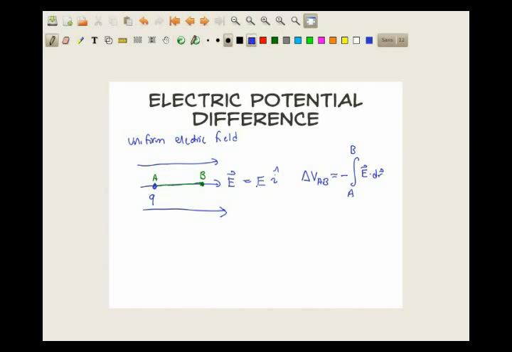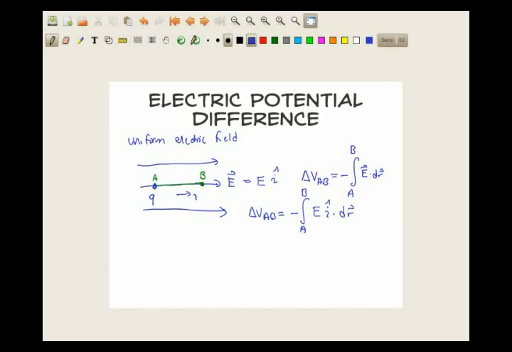Now, the electric field is not a function of position. We can write it in here, in fact. Delta V_AB is equal to negative the integral from A to B of E i hat dot dr vector.